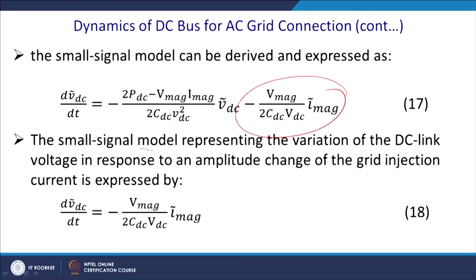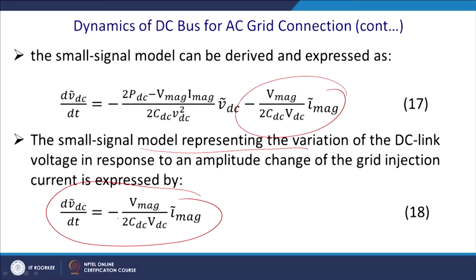The small signal model representing the variation in the DC link voltage in response to the change in the grid injection current is expressed by dV_DC/dt equals minus V_MAG by 2 C_DC V_DC into I_MAG.